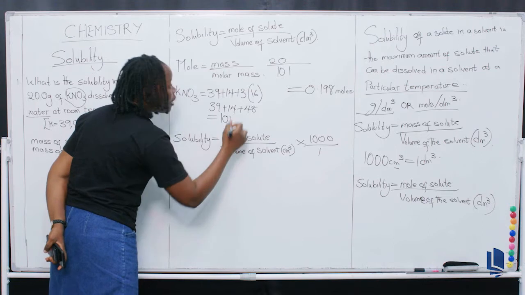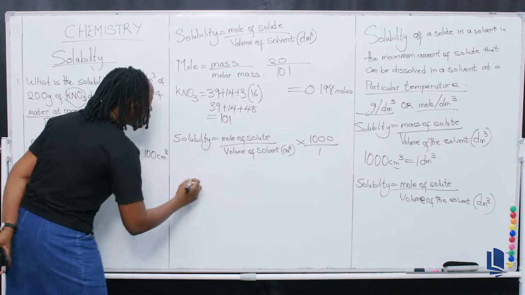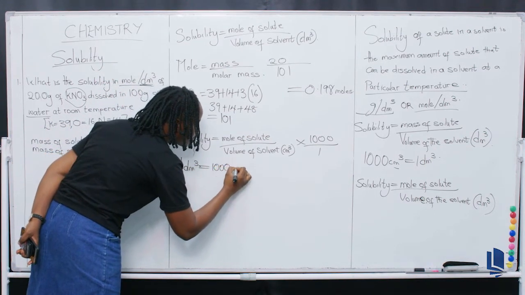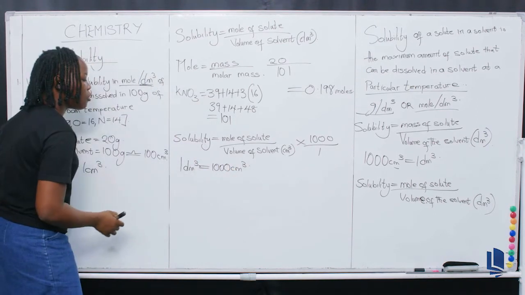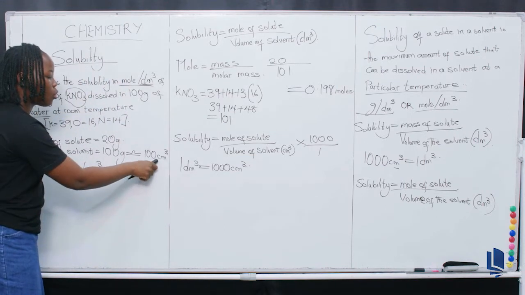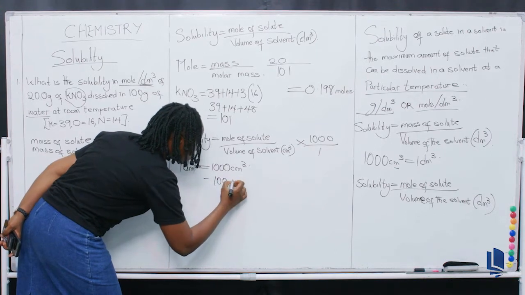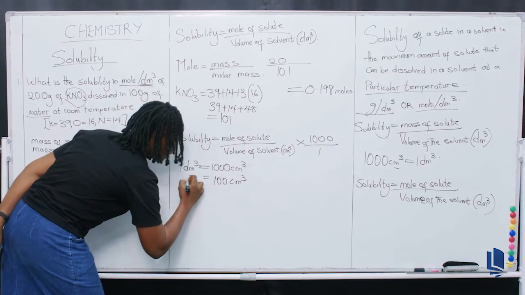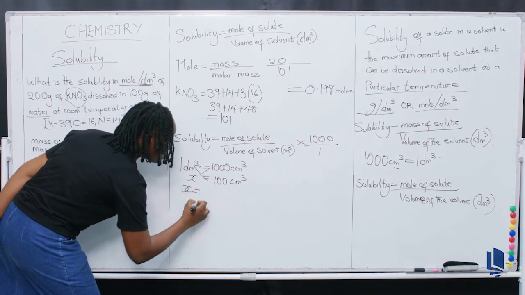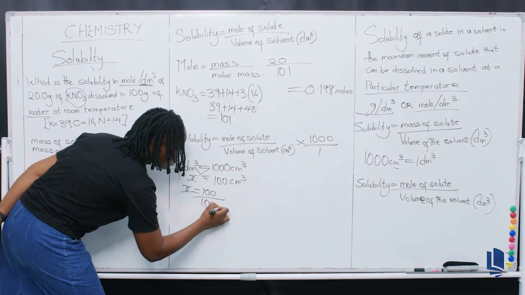All right. Okay. So this is mole of solute divided by volume of solvent in dm cube. And we know that 1 dm cube is equal to 1,000 cm cube. Right? And if we want to calculate for 100 cm cube, it would be equal to x. So to calculate for x, it would be 100 divided by 1,000.